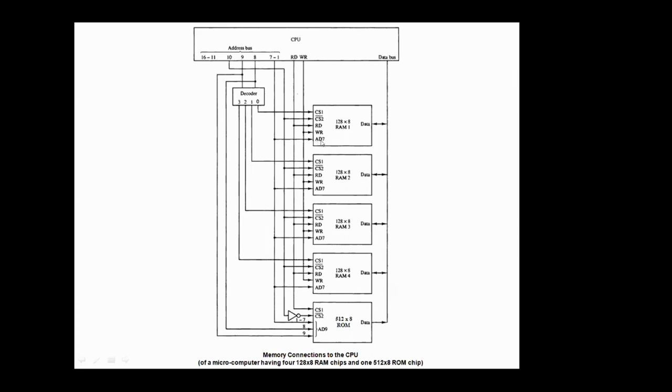So this is AD, the address lines are 7. In this RAM also, the RAM 2, it will be 7. In third RAM 7, in fourth RAM 7, and since the number of words in ROM is 512, therefore it will be 9, because to address 512 locations we need 9 bits.